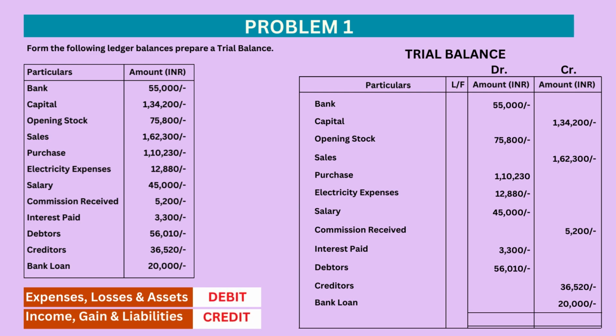Now, we need to get the total of the debit side, which comes to rupees 3,58,220, and then the total of the credit side, which is also the same as debit, rupees 3,58,220. So we can say debit equals credit. That's all. We have done the trial balance successfully.